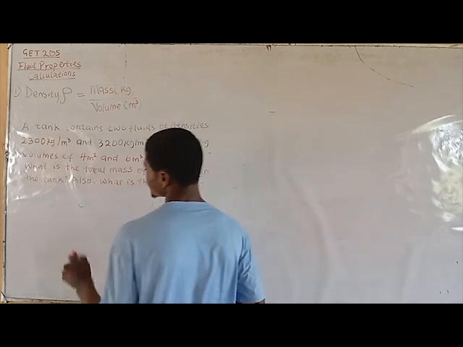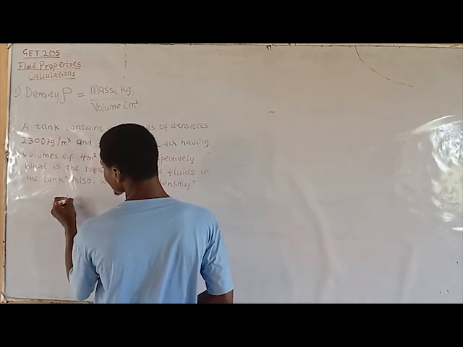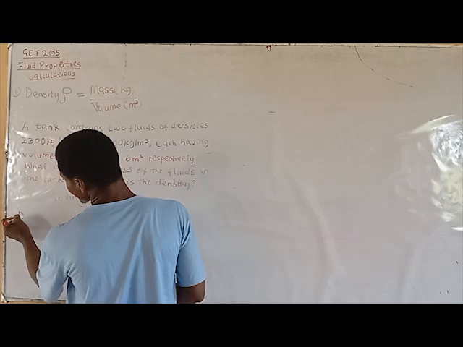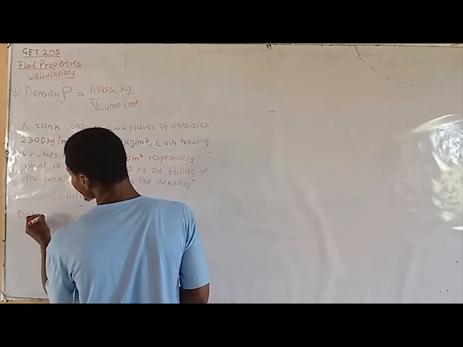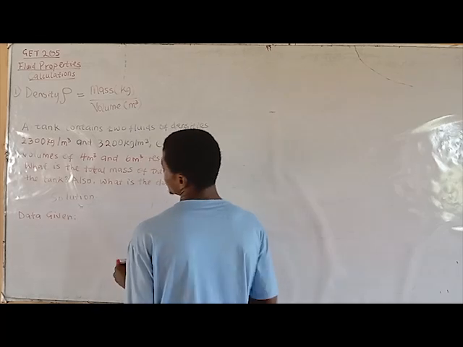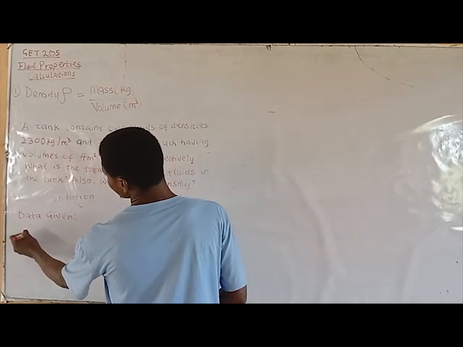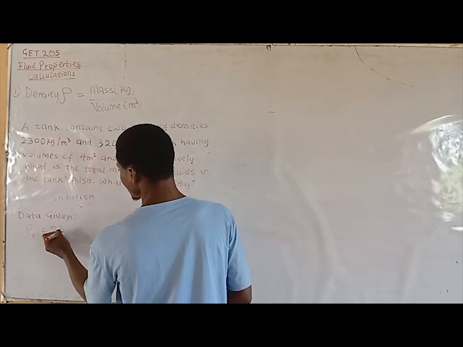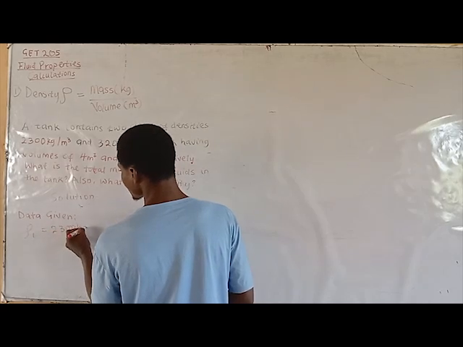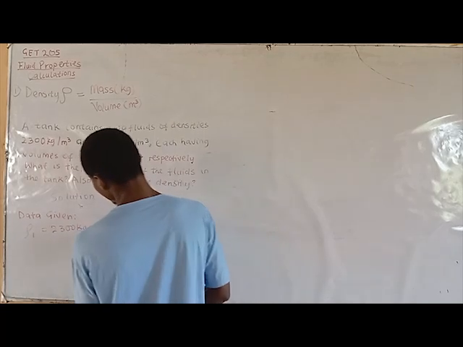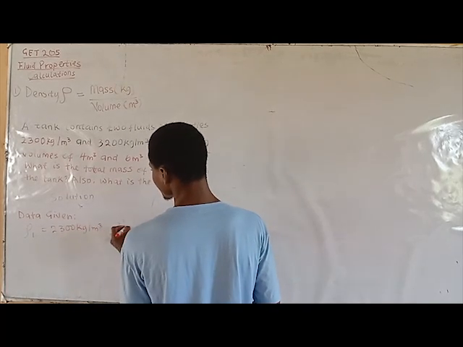So for solution, we have the data given. We have density 1 equals what? 2300 kilogram per meter cube. Density 2 given is what?